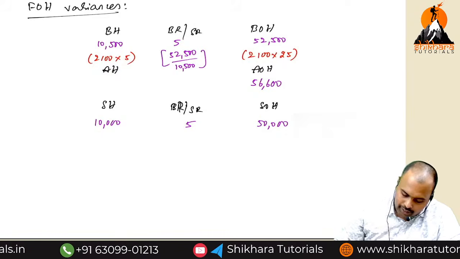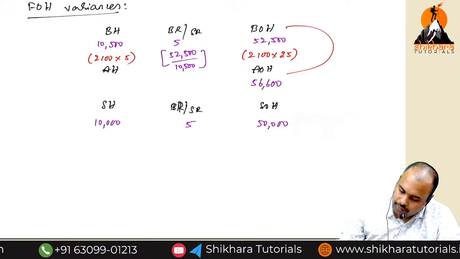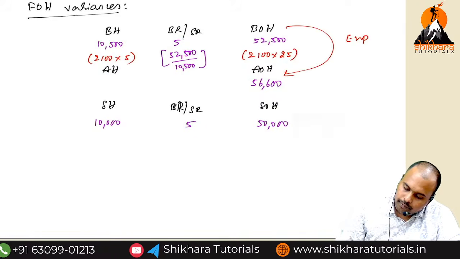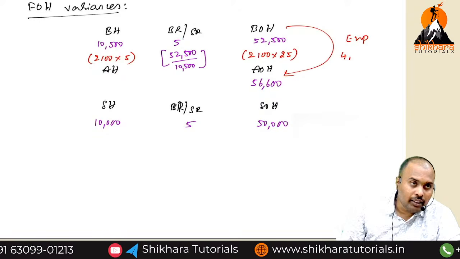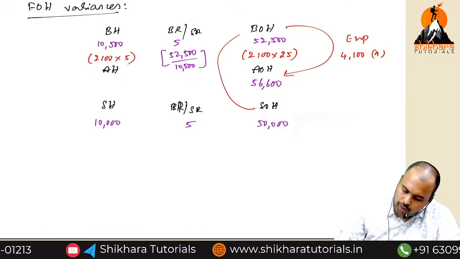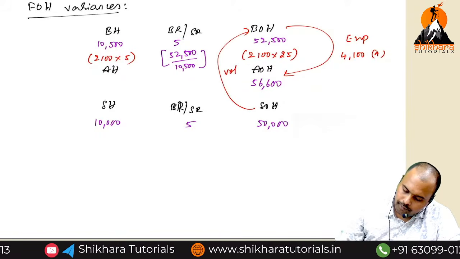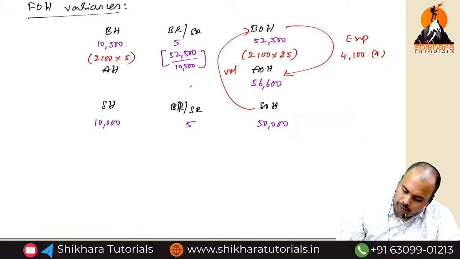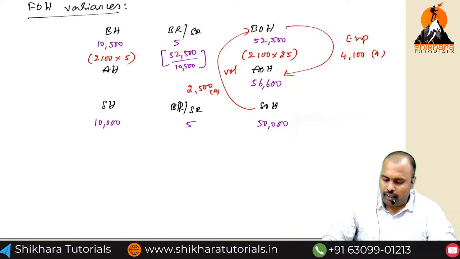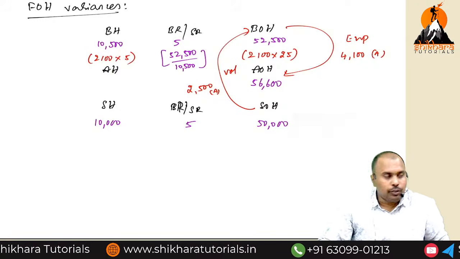Clear? Now what is expenditure? 4,100 adverse. What about volume? 2,000, 5,000, sorry, 2,500 adverse. Just enough, those two.